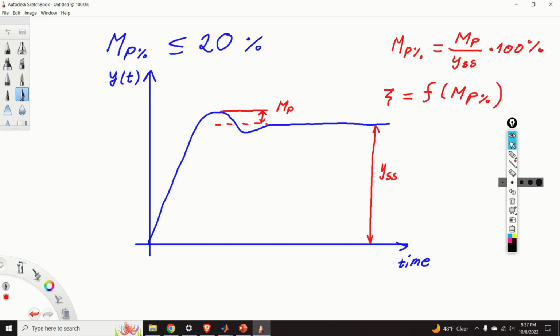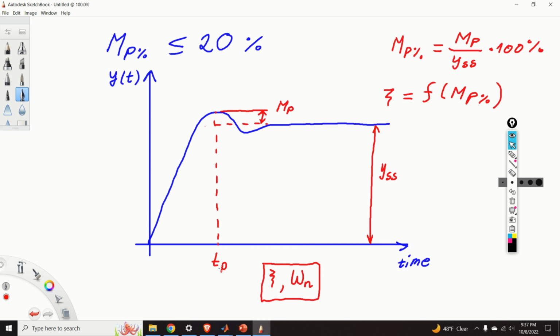Furthermore, I will derive a formula that will relate the peak time with damping ratio, zeta, and natural undamped frequency, Wn. So, these two parameters are very important because they determine the locations of the closed-loop poles of your system.